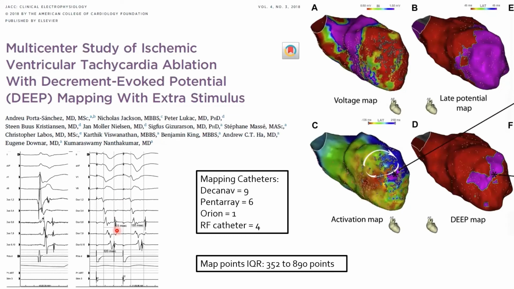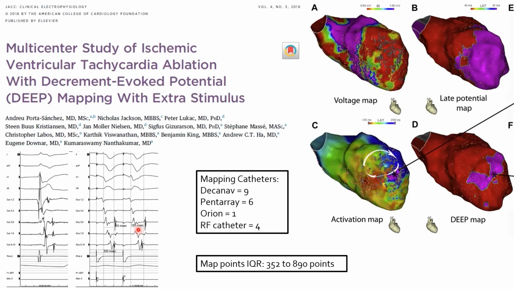And with the S2 extra, the shorter coupling interval, that near field to far field to near field duration has prolonged to 155 milliseconds. And anything that prolongs more than 10 milliseconds is defined as a decrementing potential.